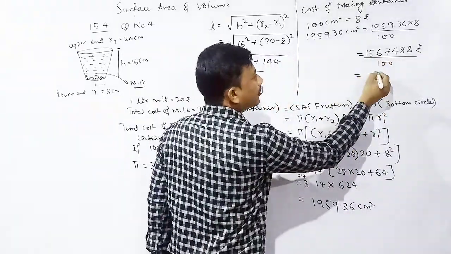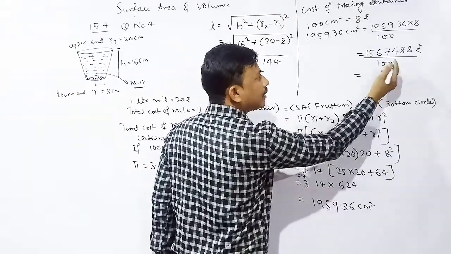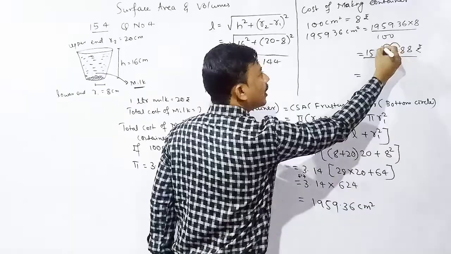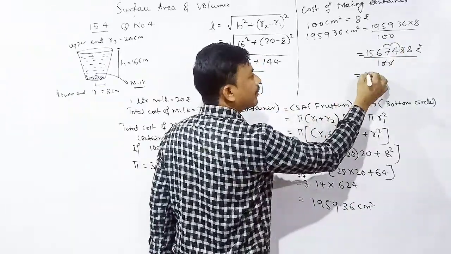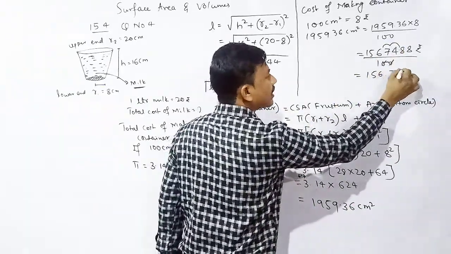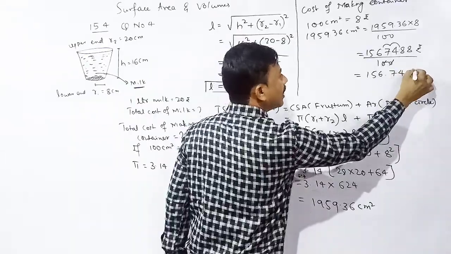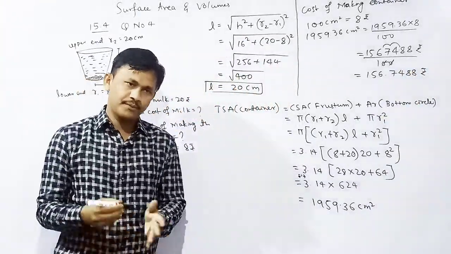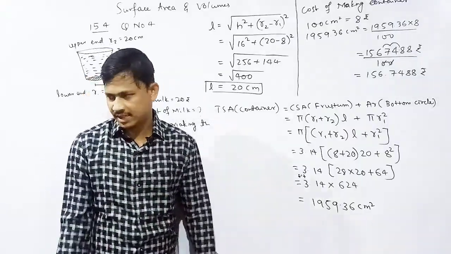Then to remove the 2 zeros, we need to move the point to the left. 156.748 rupees is the cost of making the container.